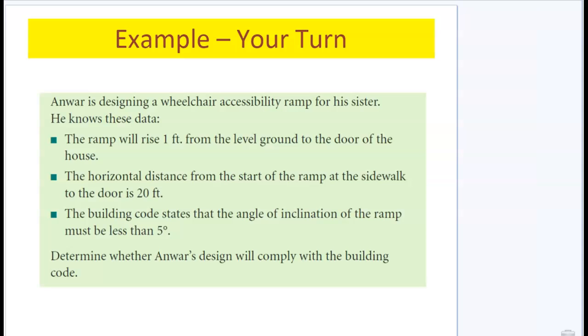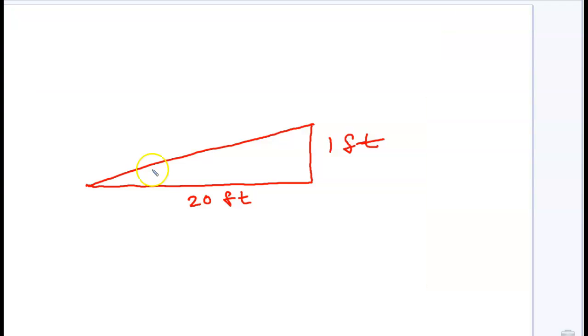And it tells us that the incline must be less than 5 degrees for it to be acceptable. So we're looking for the angle of incline. We'll call that theta. Again, I know the opposite side of theta and I know the adjacent. So I'm going to use the tangent of theta is going to be 1 divided by 20.